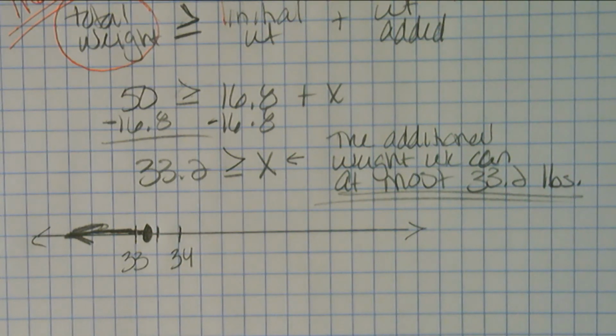The additional weight is at most 33.2. So it's not that you are never going to use the word is. It's just that it's not just is. It's at most, or it is at least, or it is no more than. Does that make sense? So you can have the word is in there. It just has to go with your inequality phrase as well. Does that make sense? Excellent.